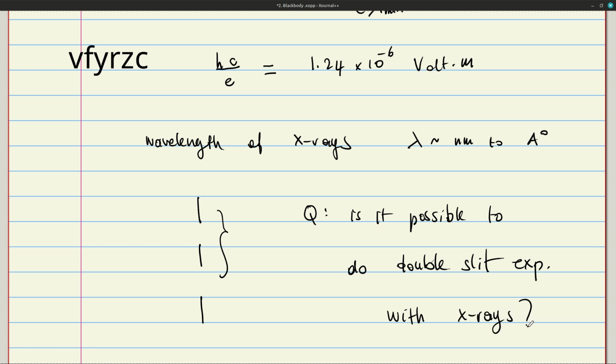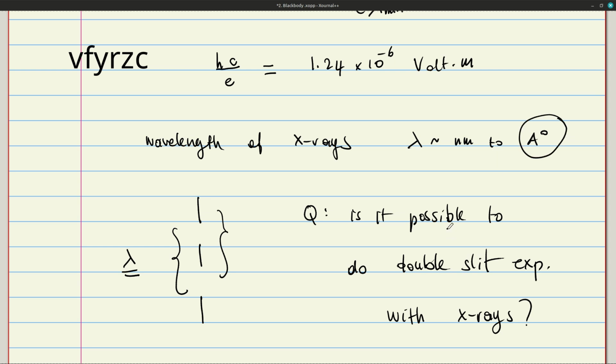Can we do this? By our experience from visible light, we know the slit separation should be on the order of the wavelength, right? Anything beyond that is not going to be a good double slit experiment. The question is, can we manufacture a double slit which is on the order of the wavelength of X-rays, which is on the order of angstrom?